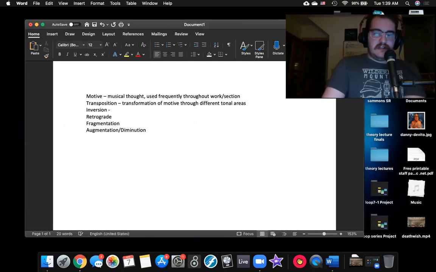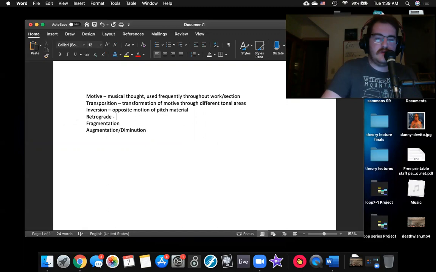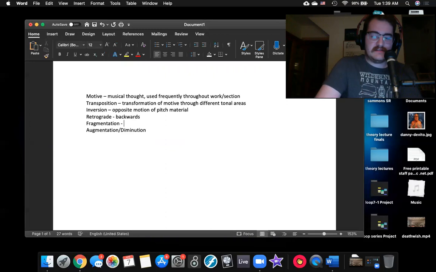An inversion is opposite motion of pitch material. Retrograde would be backwards. Just to keep it short, fragmentation is a snippet.